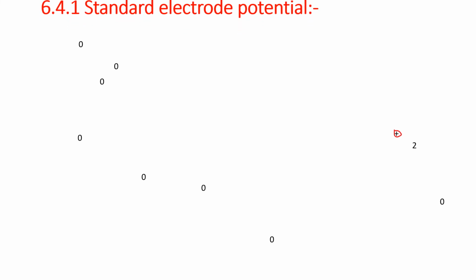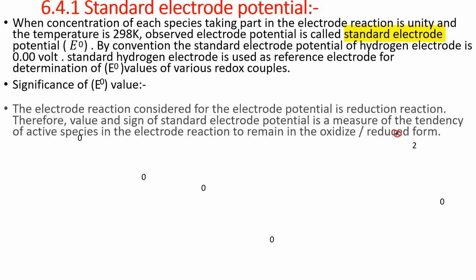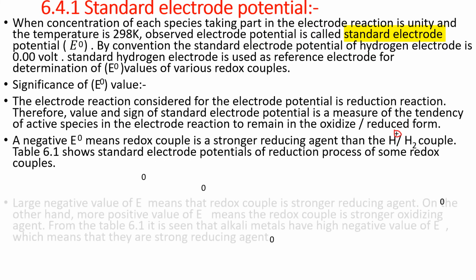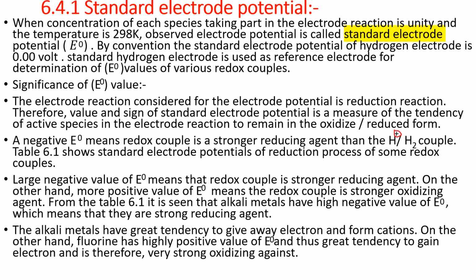Next point, number 6.4.1, standard electrode potential. When the concentration of each species taking part in the electrode reaction is unity and the temperature is 298 Kelvin, the observed electrode potential is known as the standard electrode potential. You have to simply remember that it is denoted by E0, capital E0.